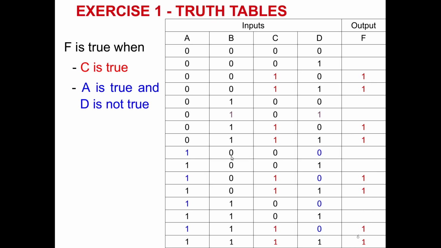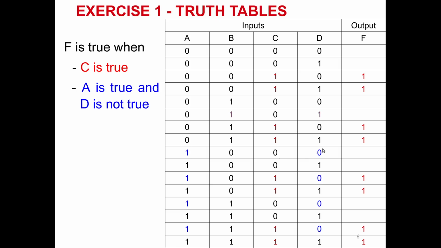The second condition is F is true when A is true and D is not true. Now we will look into all the input values in which A is 1 and D is 0. You know all the input values for A equal 1 will be from here down here.